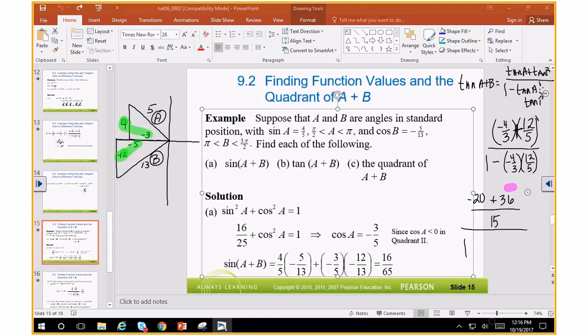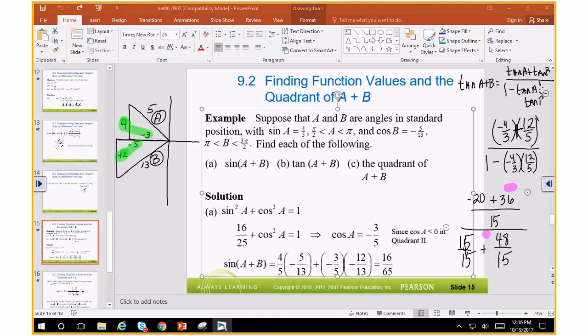Yeah. Positive 48 over 15. Don't y'all like how I'm getting magenta spots all over the board and I haven't even used magenta? All right, now, 1 plus 48 over 15, that's easy. Put a 15 over 15 here. When somebody adds 48 to 15, what do you get? 63, thank you.